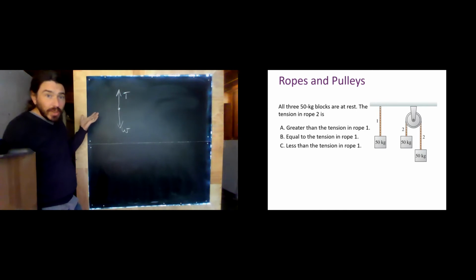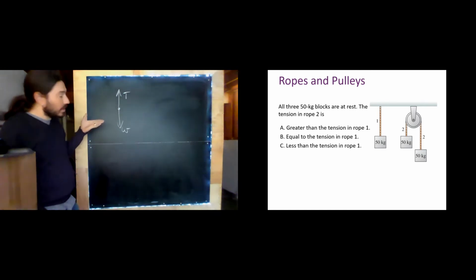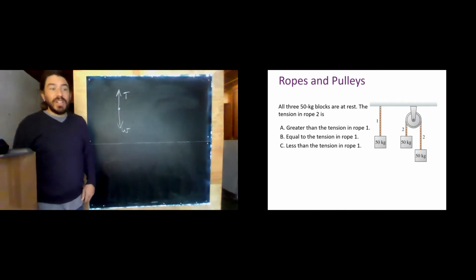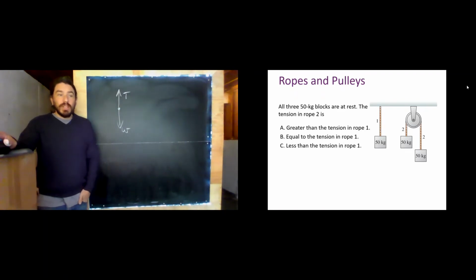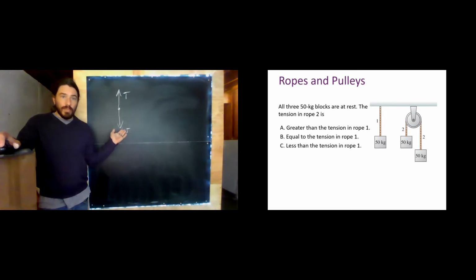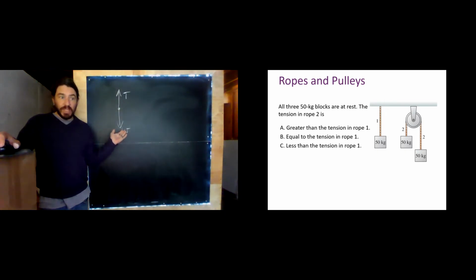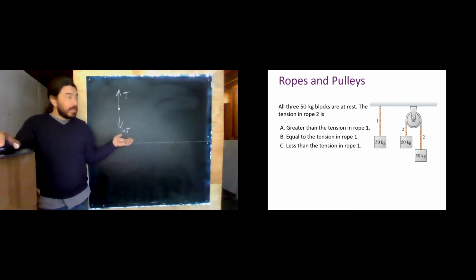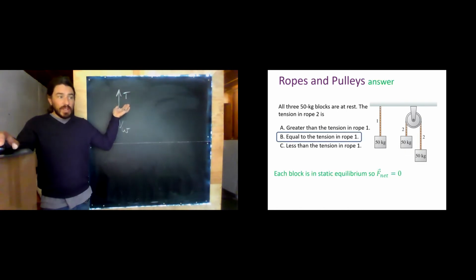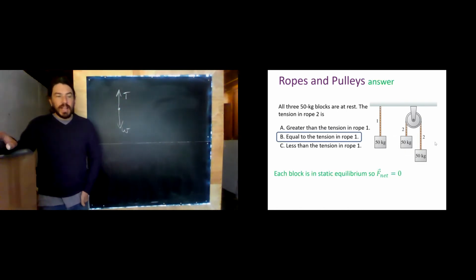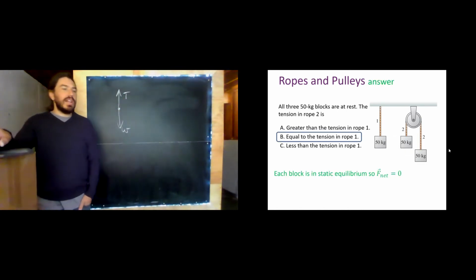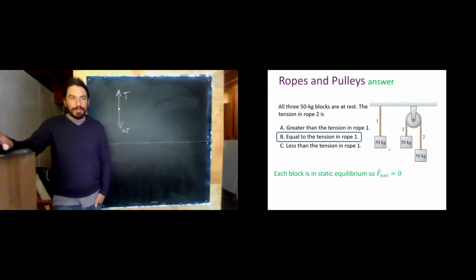If T equals W in every case, then the tension in rope 2 is the same as the tension in rope 1. Why? Because W is the same in all three masses. They all have W equals 50 kilograms times 9.8 meters per second squared. So that's their weight, which means the tension up is always the same. Each block is in static equilibrium, so F net equals 0 on every single block.